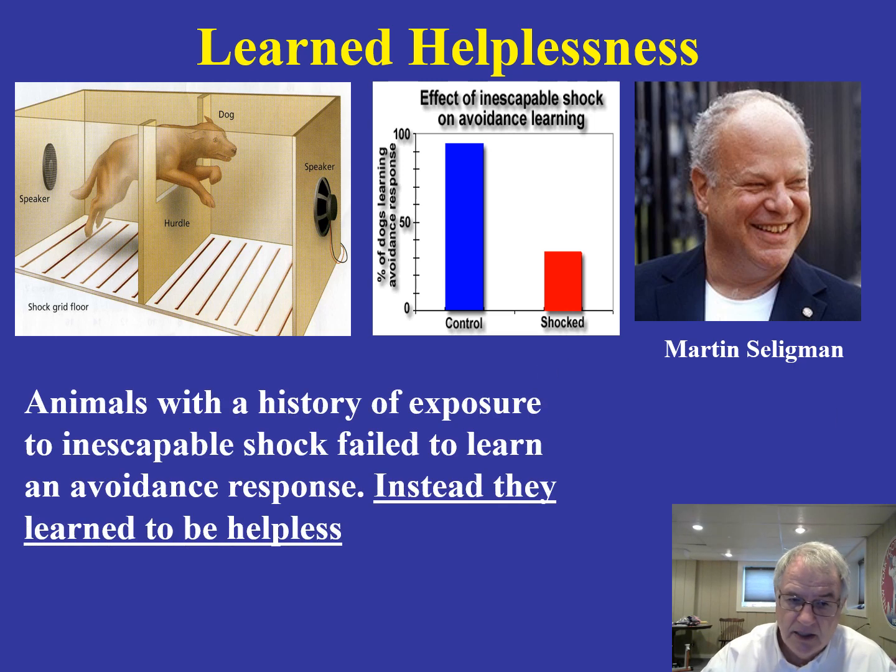Okay. This theory, again: the animals with a history of exposure to the inescapable shock simply fail to learn that avoidance response. Instead, they learn to be helpless. This now is probably the leading theory to explain depression.